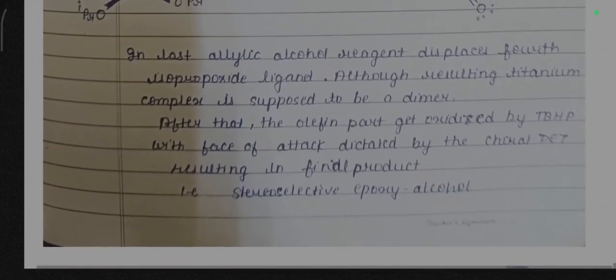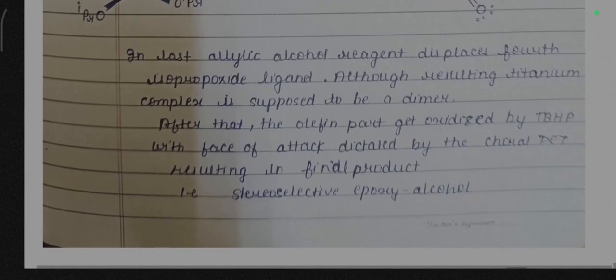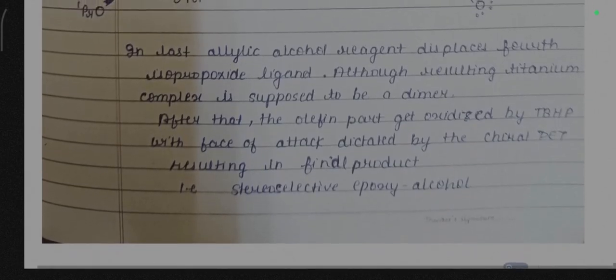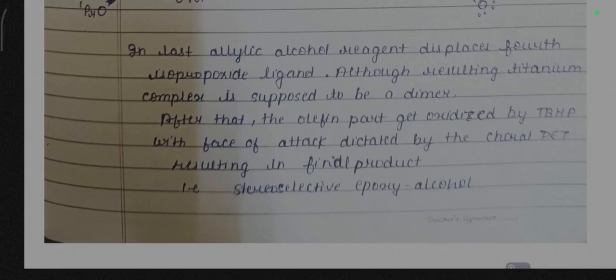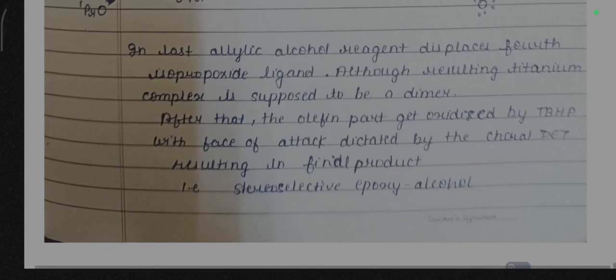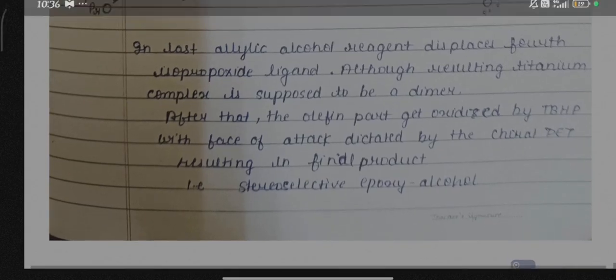Lastly, the allylic alcohol reagent displaces the fourth isopropoxide ligand, although the resulting titanium complex is supposed to be a dimer. After that, the olefin part gets oxidized by TBHP with the face of attack dictated by the chiral DET, resulting in the final product, stereoselective epoxy alcohols.